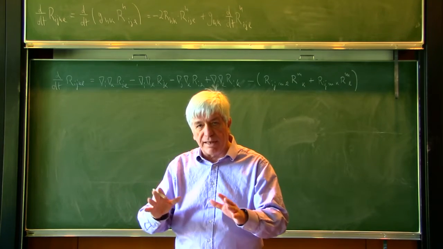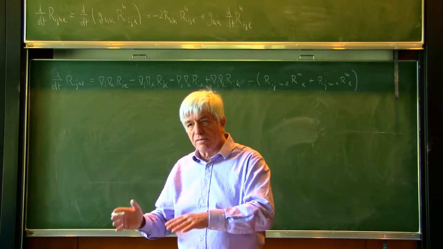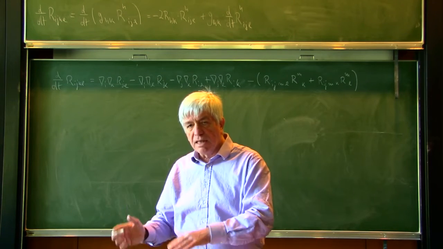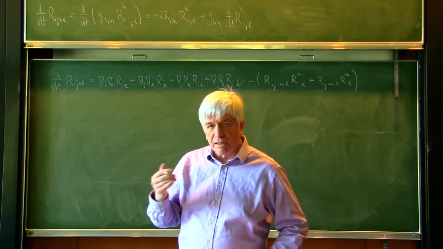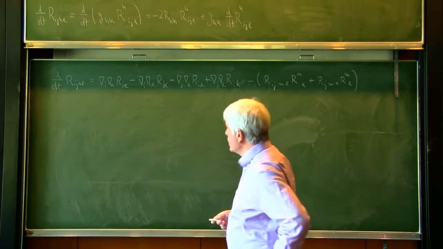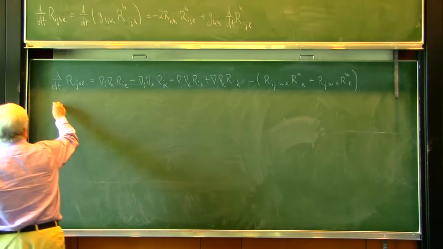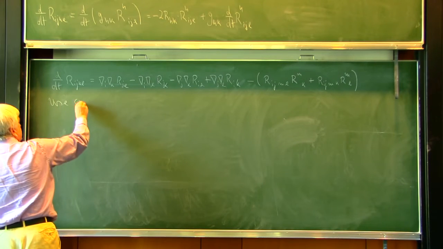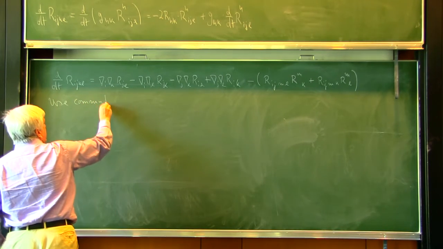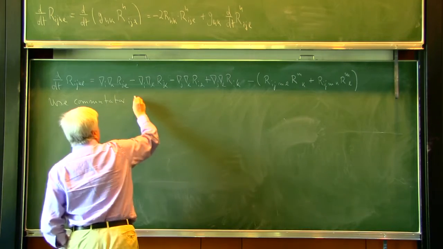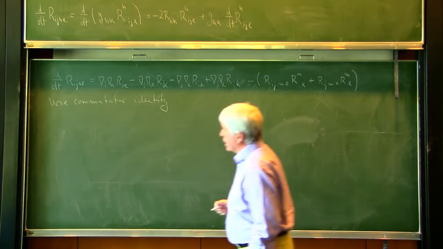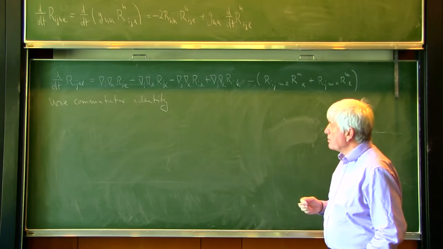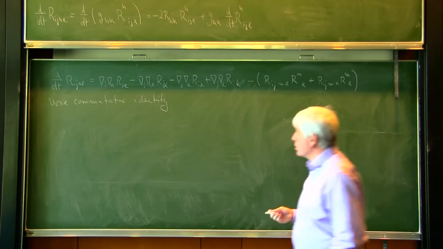So we have to replace the second derivatives of the trace of the Riemann tensor by the trace of the second derivatives of the Riemann tensor. This is called a commutator identity, and this commutator identity is the intrinsic analog of Simon's identity in extrinsic geometry.